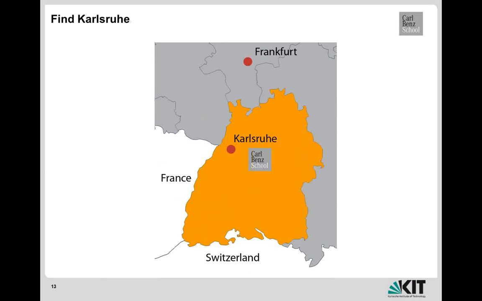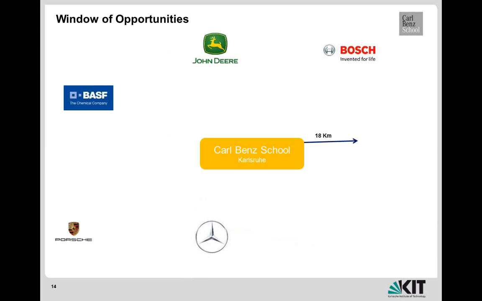We are close to the border to France, about 10 minutes if you go really straight. Strasbourg is about 45 minutes, and Basel on the Swiss border is about 90 minutes away, so you also see what we have in the area around us.